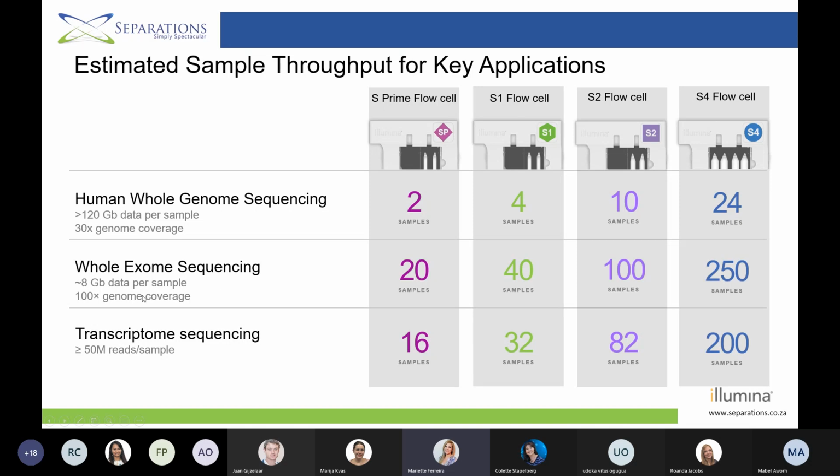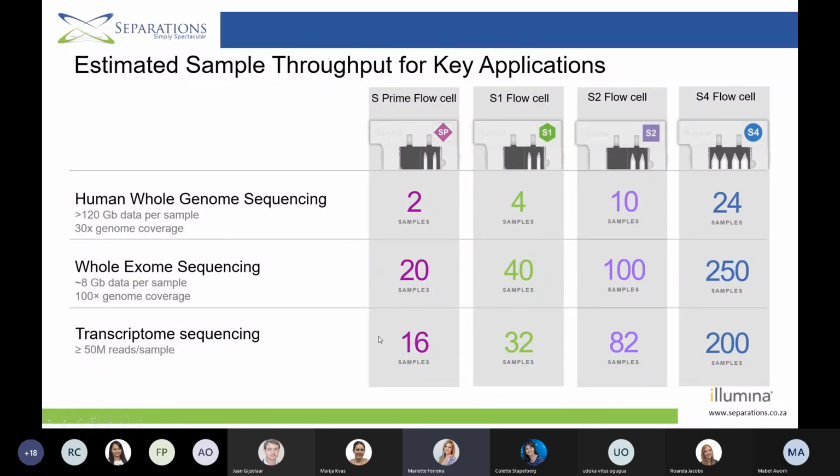For whole exome sequencing, the general guideline is about 100x coverage, and there we generate 8 gigabases of data per sample, and you can range anything between 20 to 250 samples between the different flow cells.